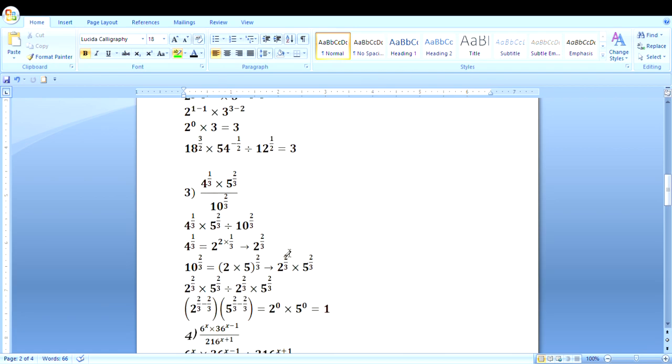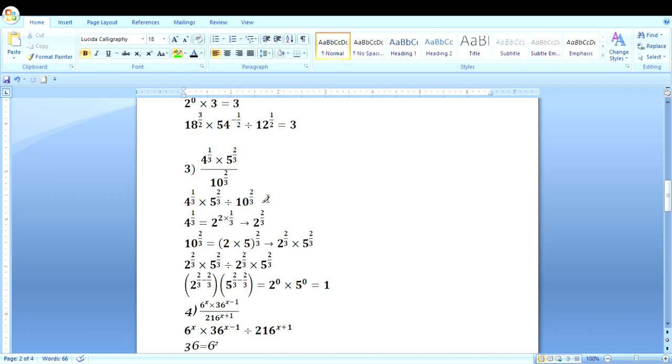Now let's look at number 3. It says 4 raised to power 1 over 3 times 5 raised to power 2 over 3 divided by 10 raised to power 2 over 3. This expression can also be expressed differently, but we have to look at the 4 here and express it as a prime number in index form.